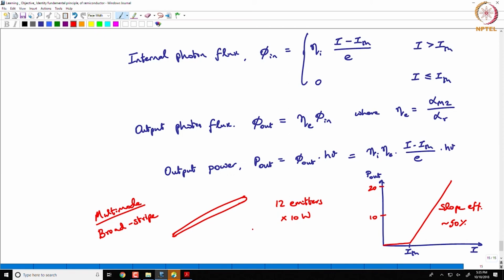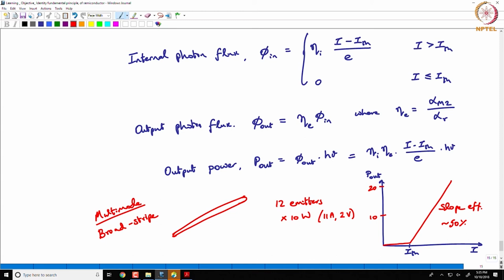I should also mention that I am getting 10 watts of power with just a little bit over 10 amps of current, so roughly about 11 amps of current, and you have basically 2 volts as the typical voltage drop across any of these diodes. So, roughly about 22 watts.